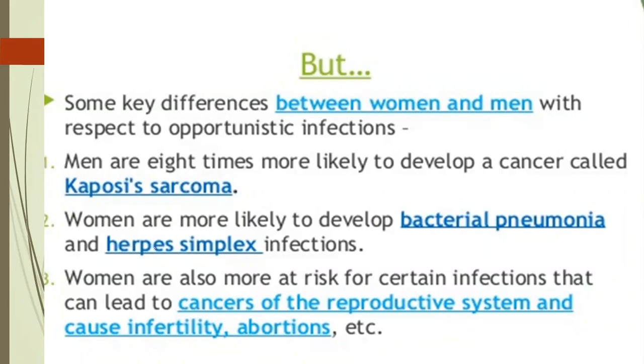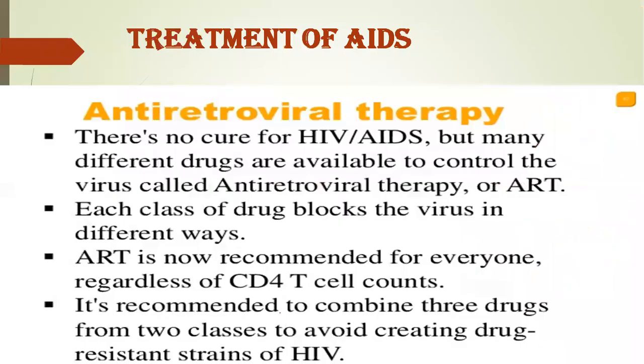Not only these diseases, but women can also have bacterial pneumonia, herpes simplex, which is a viral disease, bacterial pneumonia, a bacterial disease, and cancers of the reproductive system. There can be abortion, infertility, etc.